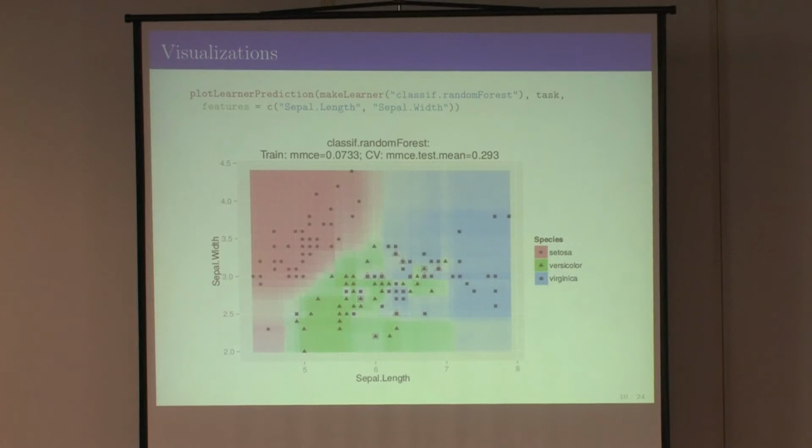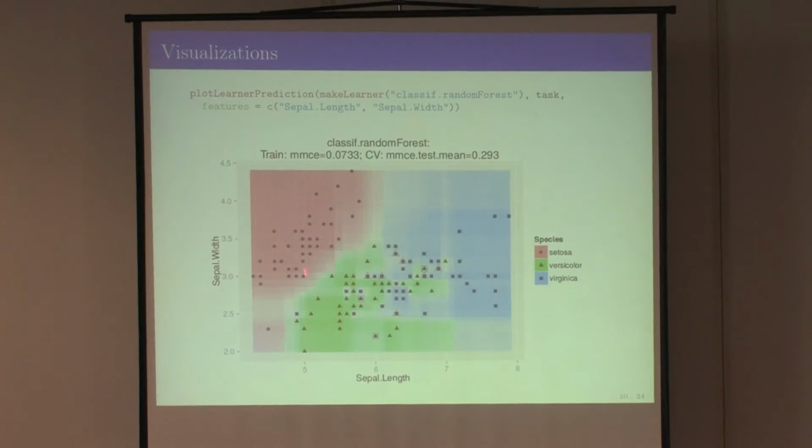There are many visualizations in there, so this I nowadays use for teaching, sometimes to show the students how well a certain model might look like in 2D. So this is a random forest, again on the iris data set, and what you see here are the iris data points in the first two features of the iris data sets.